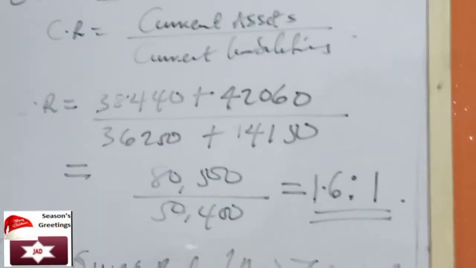So the next one, they are saying that Liam and Mel would like to improve the liquidity of their business. Liam has suggested that both the current ratio and the quick ratio could be improved if they introduce extra cash. I'm answering the question, so you can just take your notes.